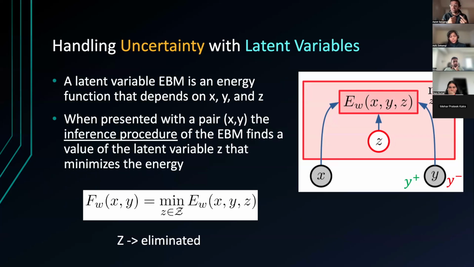In the inference procedure, you are minimizing the energy function over z, with x and y held constant. As you can see in this equation, you first minimize the energy function over z to get the exact output of the energy function. So there's a minimization problem inside of the energy function.